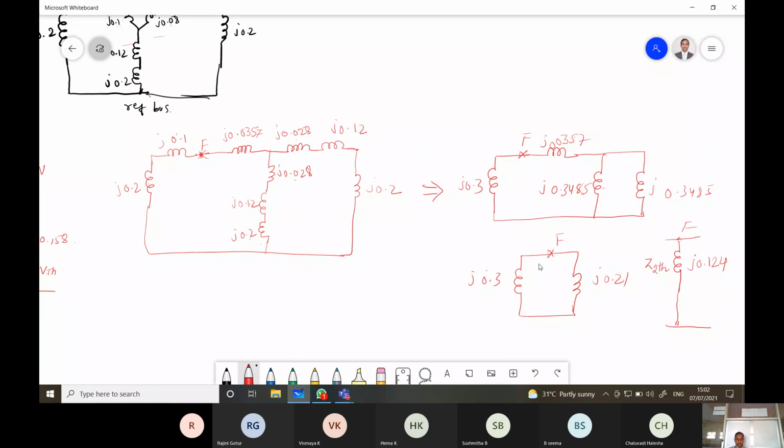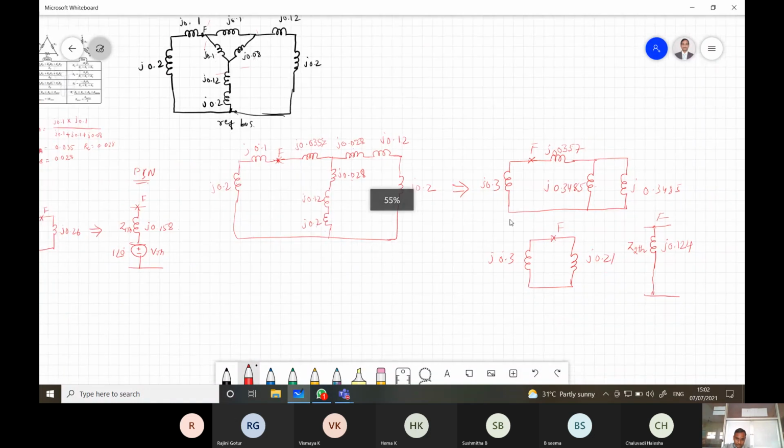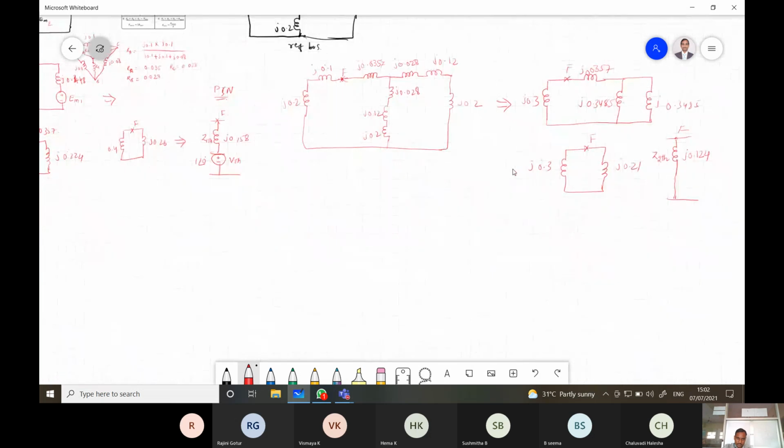In the negative sequence network VTH is not coming, only Z2TH. So now we can draw the sequence network to combine the positive sequence network and negative sequence network.